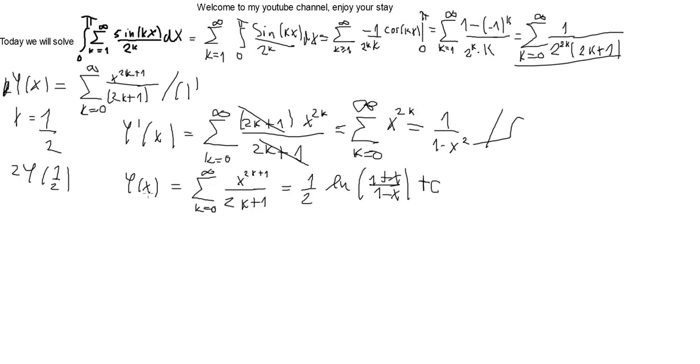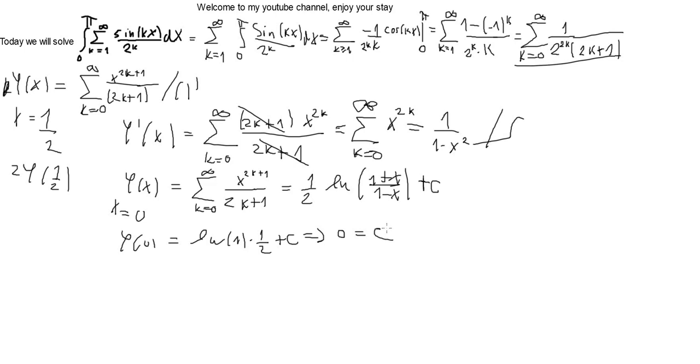But if we put x equals 0 into this expression, phi of 0 is just 0, and we will have ln of 1, which is just 0, so we will have phi of 0 equals ln of 1 times 1/2 plus c, which is just 0 plus c.